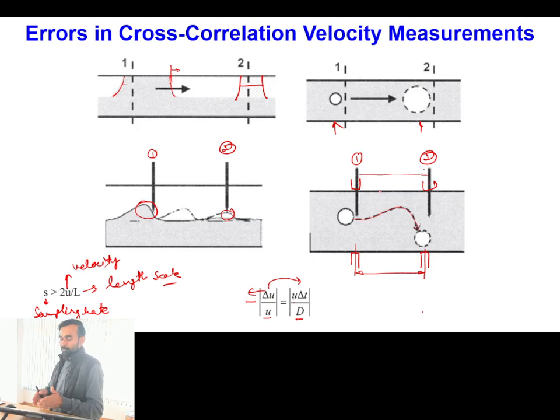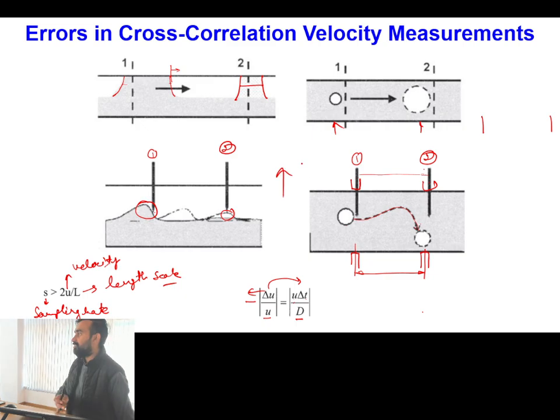But if two probes are placed at larger distance, then uncertainty will be less. But if two probes are placed close to each other, then uncertainty will be large. But one important aspect is, if I place two probes at very large distance from one to another, then the chances of occurrences of the errors which I described over here will be more.